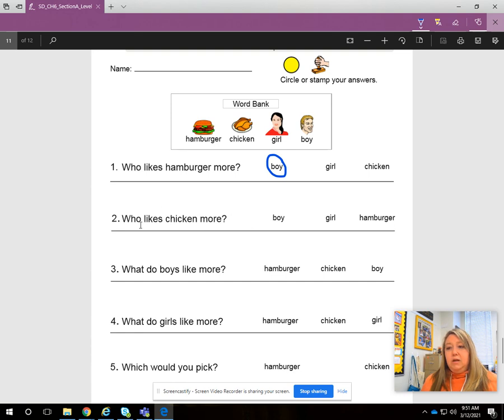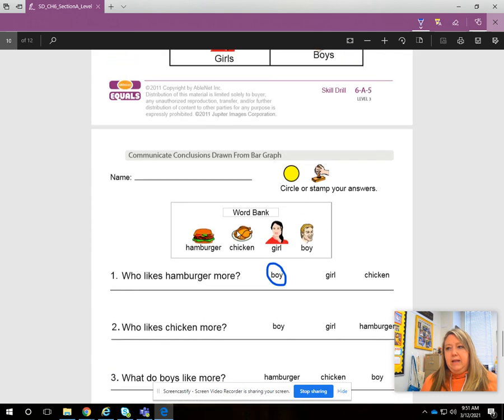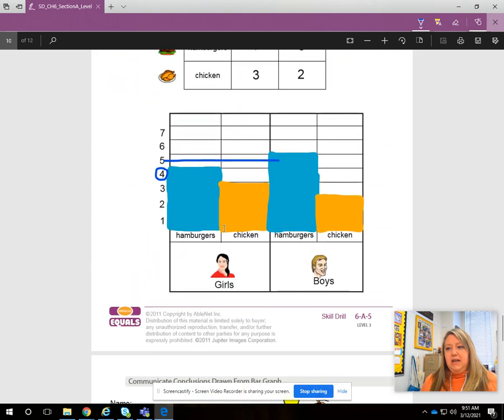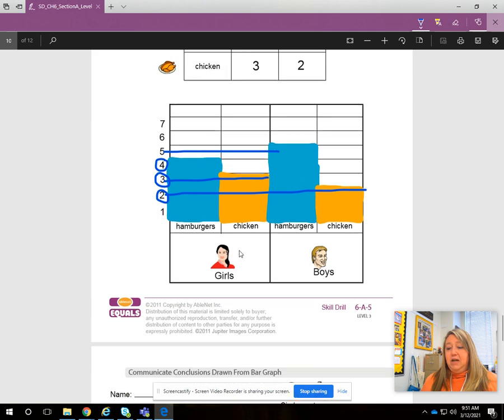Second question, who likes chicken more? Well, all right, let's look up here. Chicken is in the orange, and we had three girls like chicken, and we had only two of the boys like chicken. So that means that the girls liked chicken more.